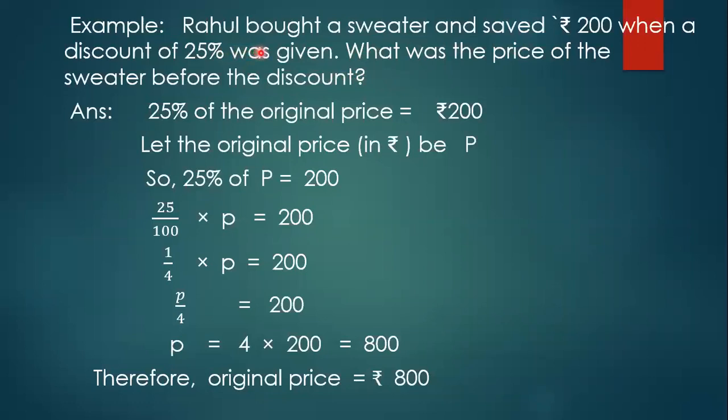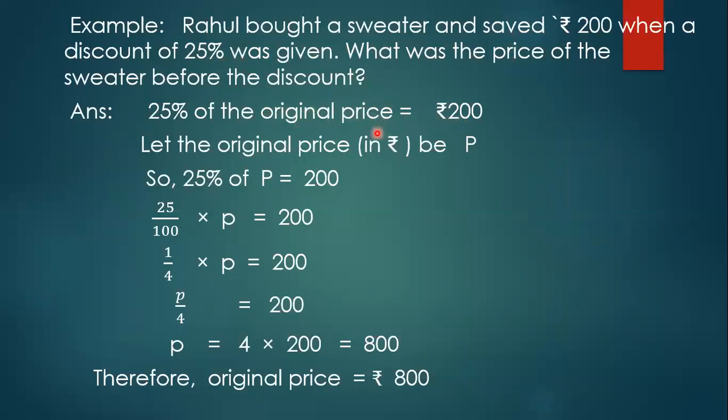Now we have to find out the original price. We are given that 25% of the original price, which he got as the discount, is equal to 200 rupees.